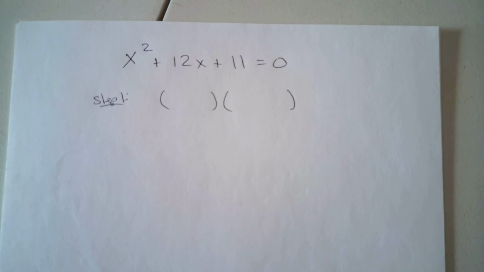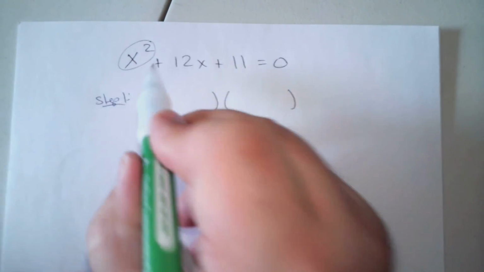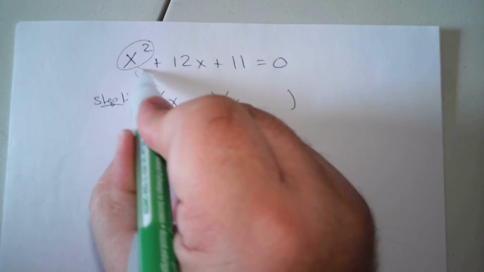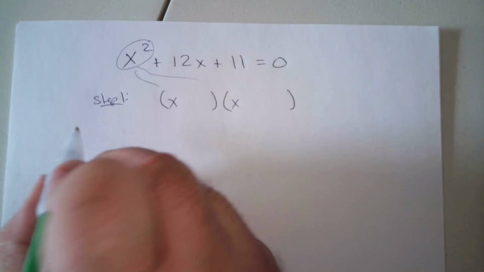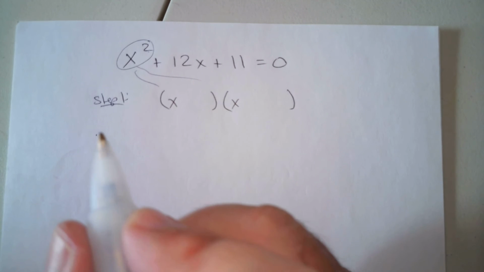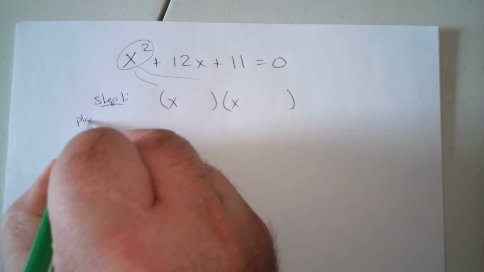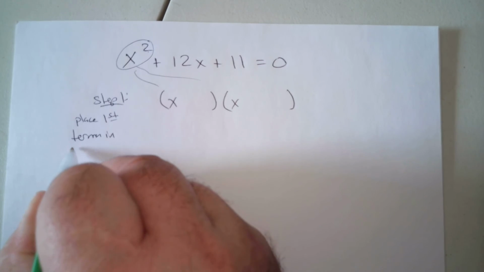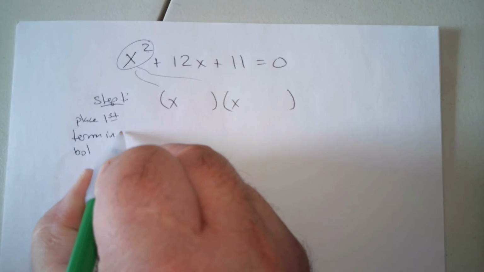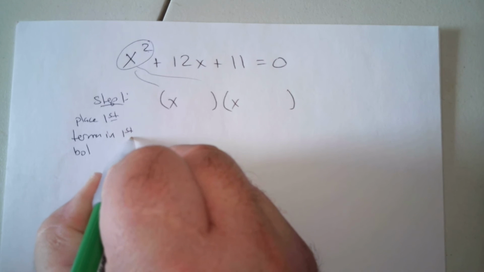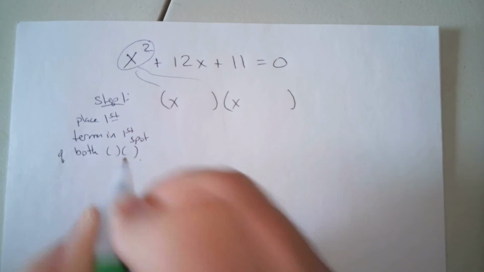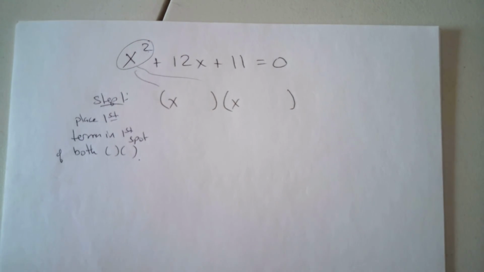What was in the first space? Since there's two of them, one goes here and the other one goes here. So place first term in first spot of both parentheses. Basically, that's all it's telling us.